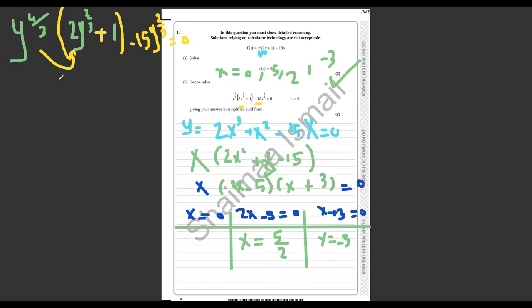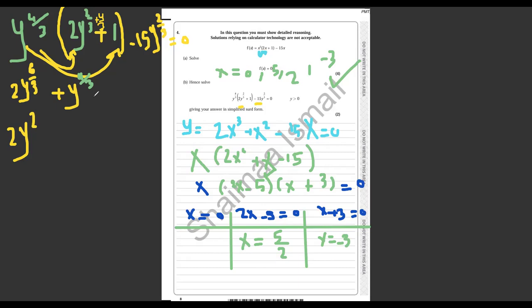Here we are going to make it plus 4 over 3, and so it will be 2y to the power 6 over 3, which gives 2y squared, plus the same times 1, which will be y to the power of 4 over 3.